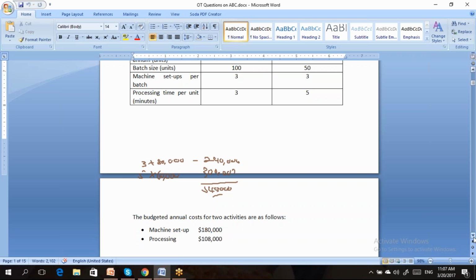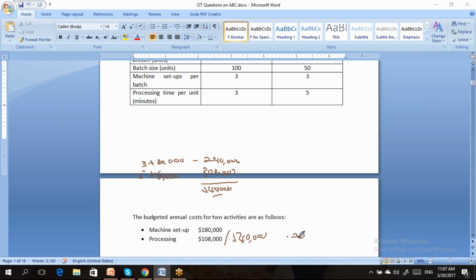So if you are looking for the cost driver rate, you must divide the 108,000 by the 540,000. Understand? You must divide the 108,000 by 540,000 to get your cost driver rate. So the cost driver rate is 108 divided by 540, which is 20 cents.